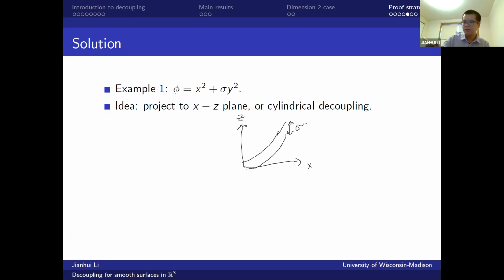Because it is roughly sigma, you project it, you forget about this term, and it becomes x squared. You see curvature when you project it onto the xz plane, because in the y direction, originally the error term is delta, but now after this projection, the error term is sigma. It is pretty bad. It is not as good as delta, but it is fine because there is something we can do. That is, you have the curved region now.